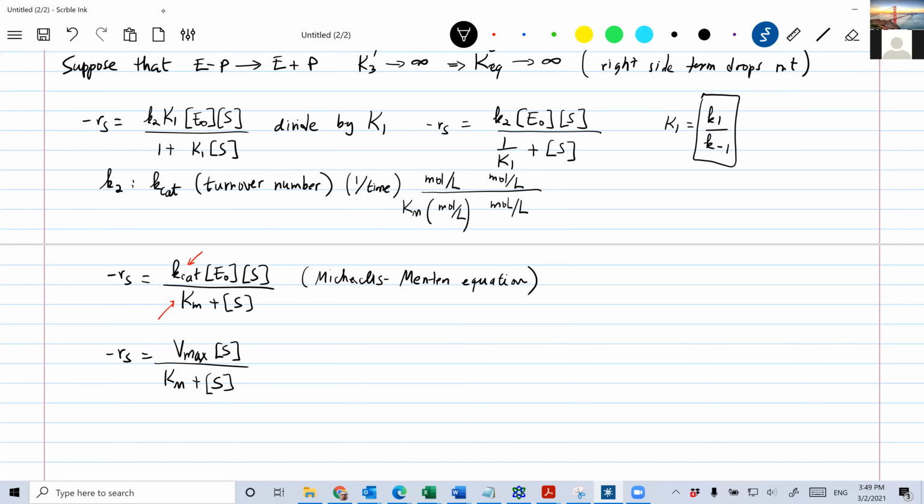That's what this means. Now, once again, you can look at certain manipulations. At high substrate concentration, the rate is about equal to Vmax.